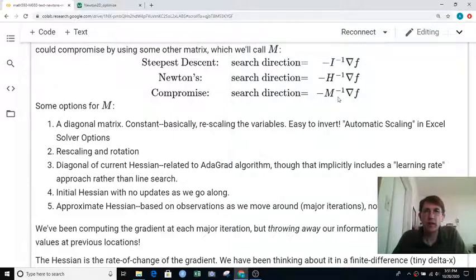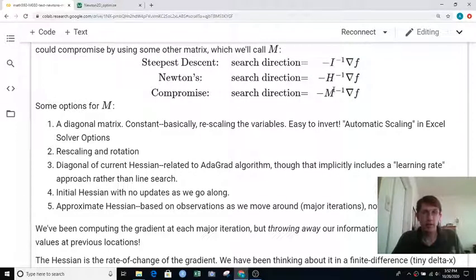You could say, what Hessian should I use? Maybe I'll just take not the full Hessian, but just the diagonal, because that's only n things to evaluate. And that's basically what the AdaGrad algorithm does, but then it includes some learning rate stuff rather than doing a line search. You could just say, let me take the Hessian once at the start of the whole thing and pretend that that's the Hessian the whole time.